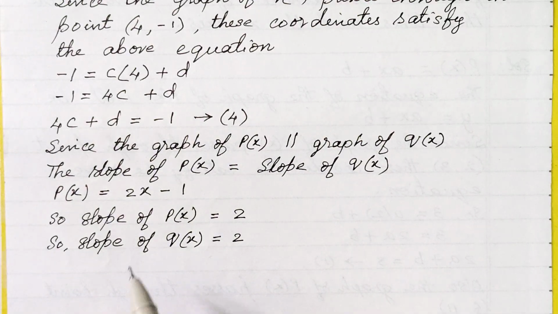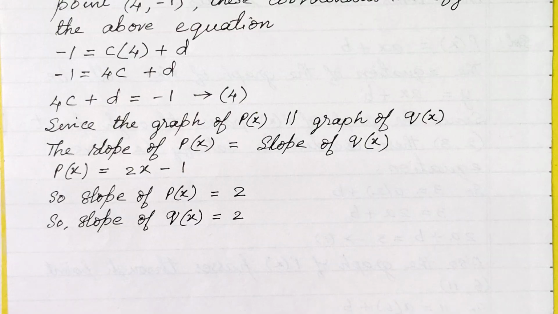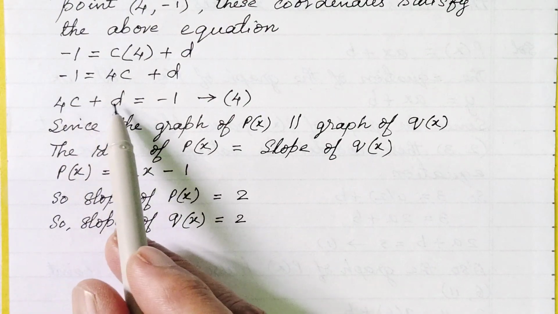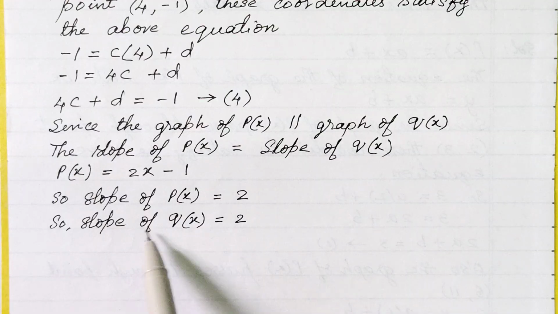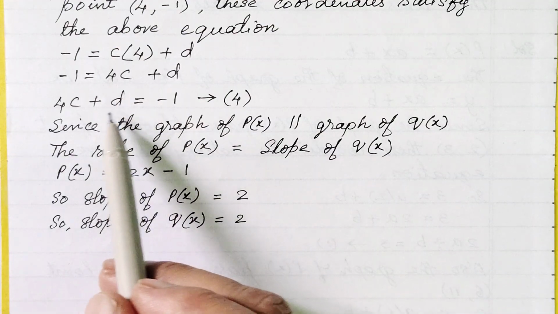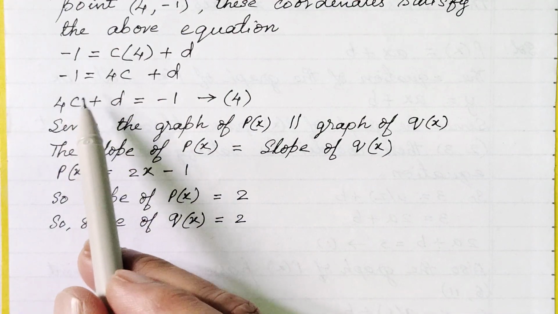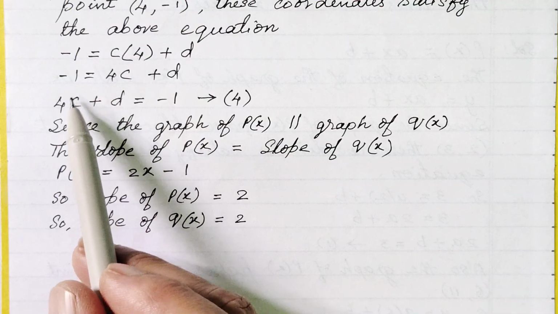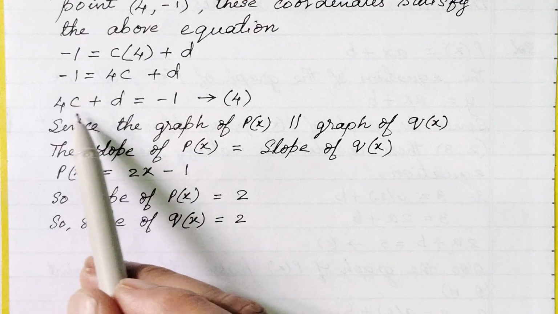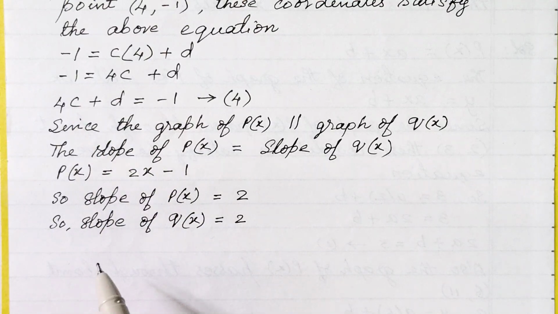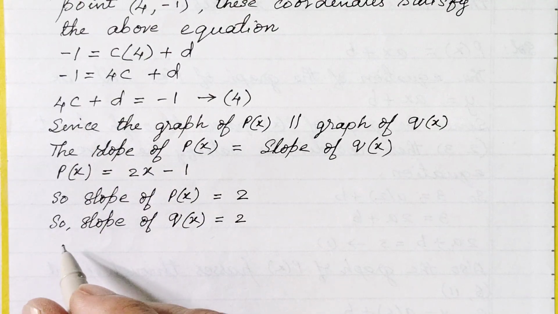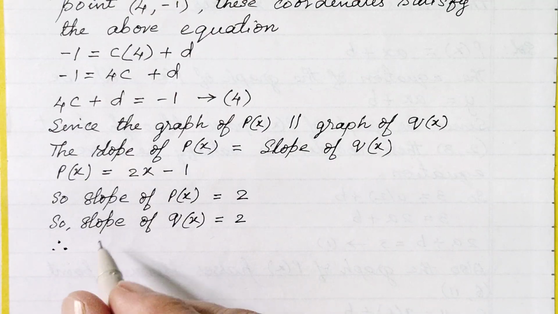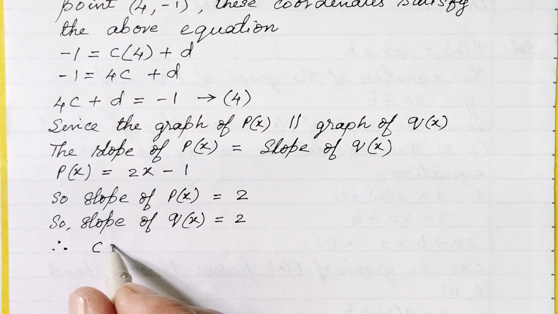So the equation of Qx is Cx plus D. Since the slope is 2, the value of C will be 2. Therefore, C is equal to 2.